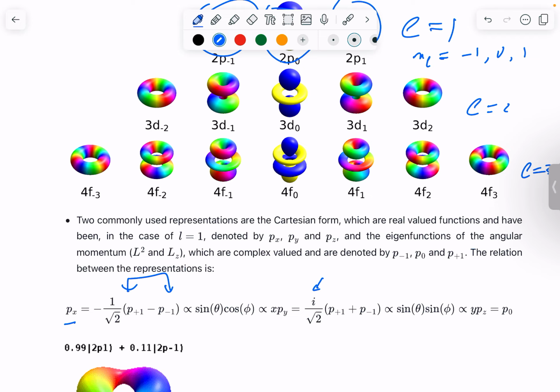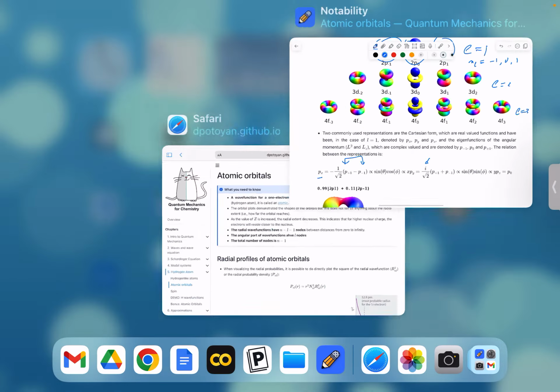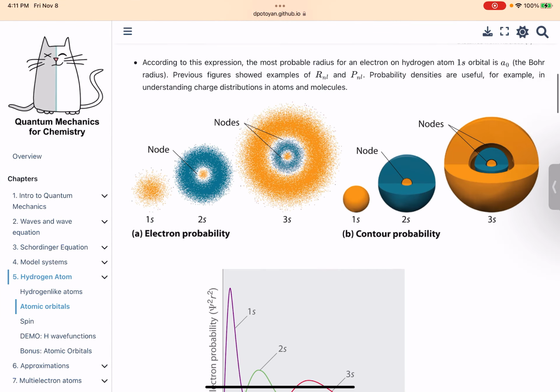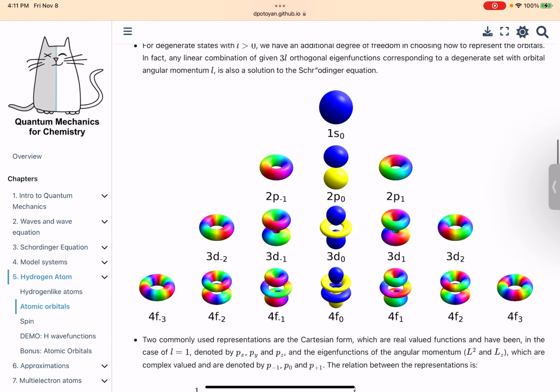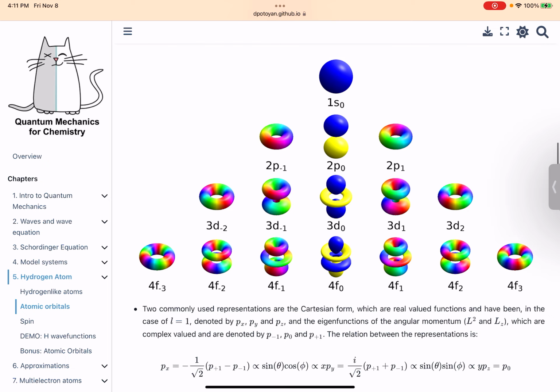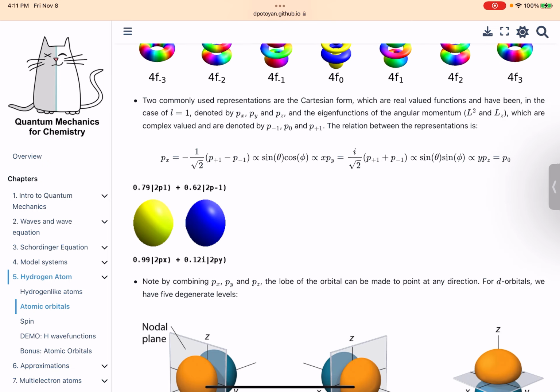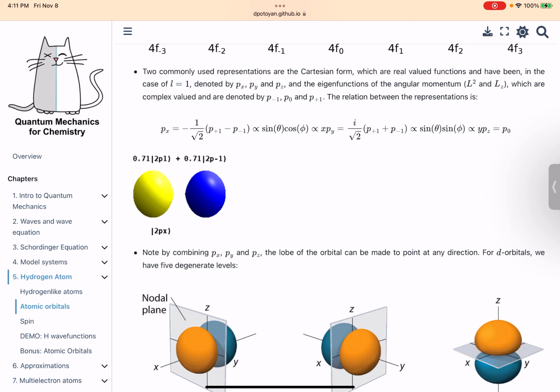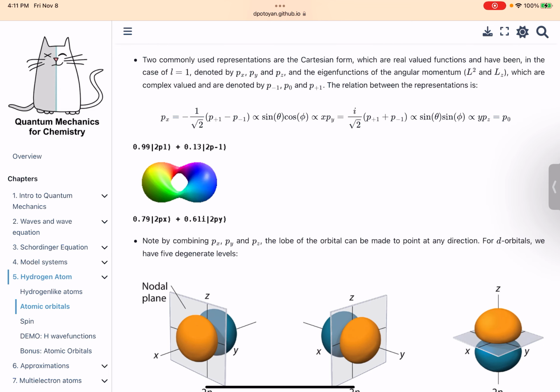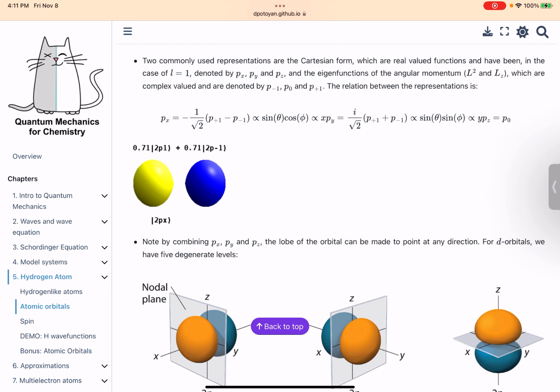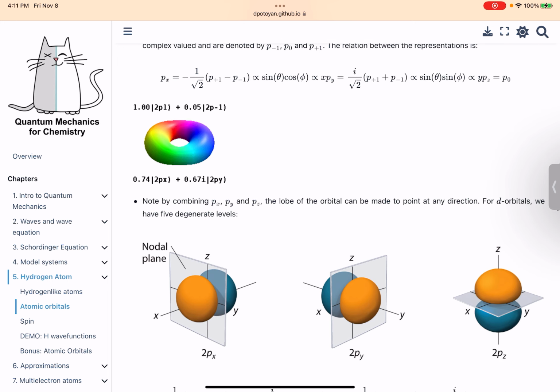So essentially, what chemists have done, and let me show you the animation here, is convert these wave functions into a real form that corresponds to exactly the same probability and exactly the same energy, but allows a better visualization.